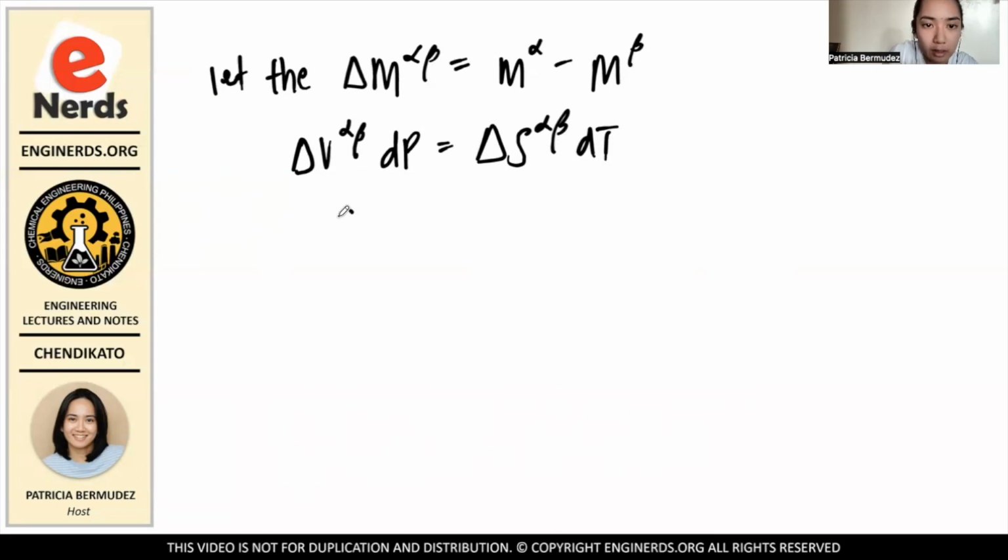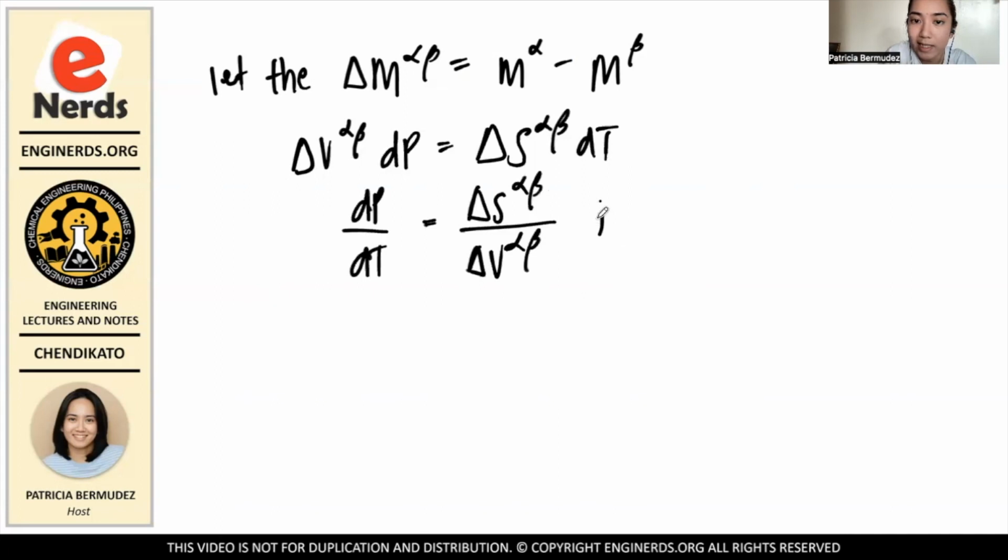So yung dP natin, here, yung dT matatranspose on the other side, and if it is multiplied on the right-hand side, it'll be divided dun sa left. So dP over dT is equals, dito mareretain lang siya, the change in entropy of phases alpha and beta over the difference in volume of the phases alpha and beta. What is delta S equal to?